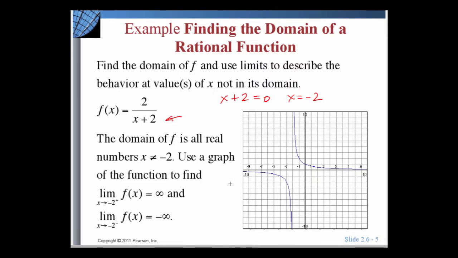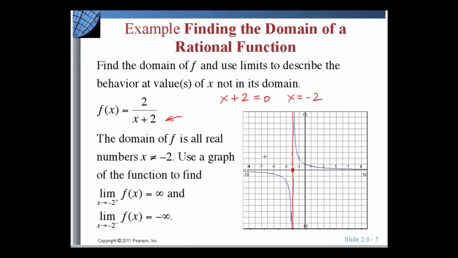So here we have a graph of our function f, and we see here at x equals -2 we have a vertical asymptote. Our graph is nowhere on that vertical line, but there is a graph everywhere else, all other x values.